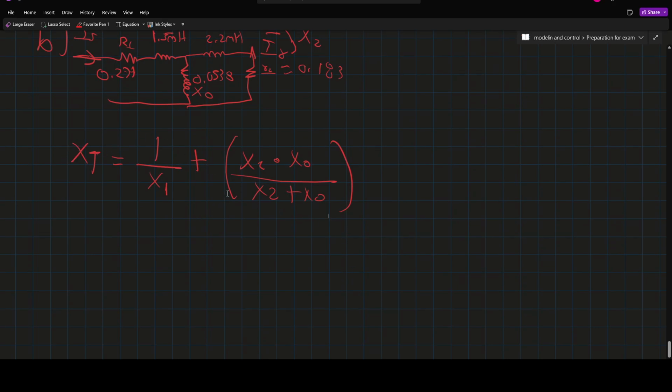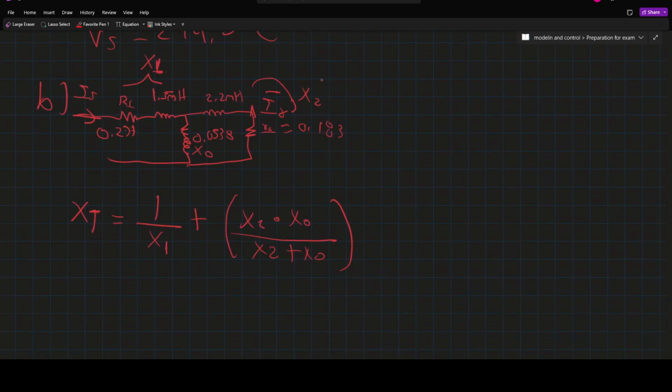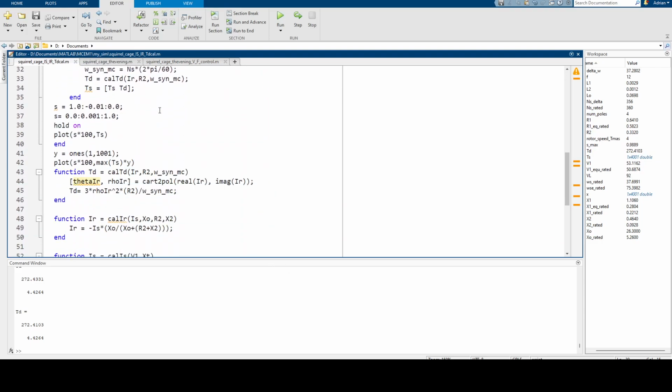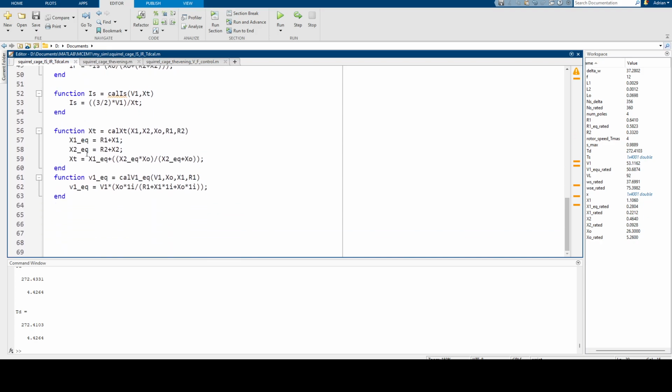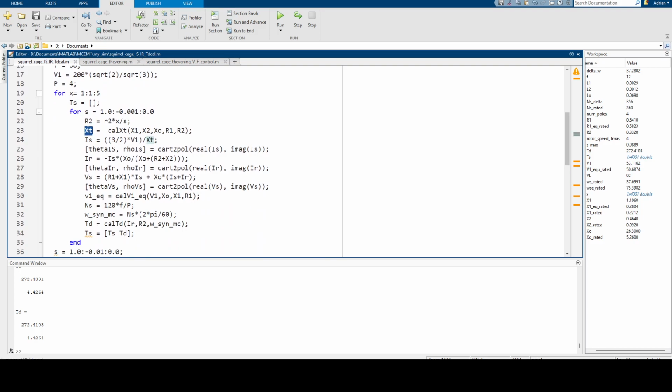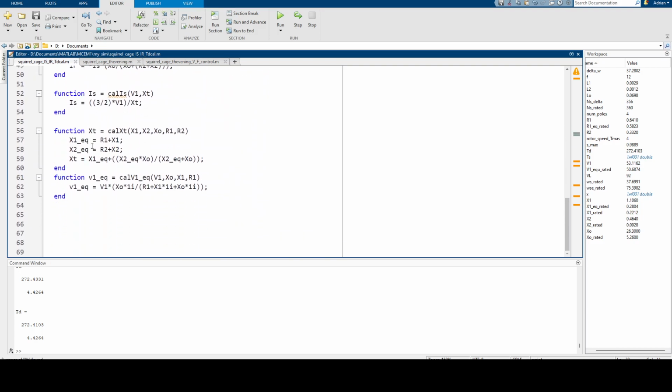Now to do this, first we need to transform each of these into impedance. The inductance, so we multiply by j omega times the inductance to get the x. And to do these calculations, you use MATLAB to calculate xt.